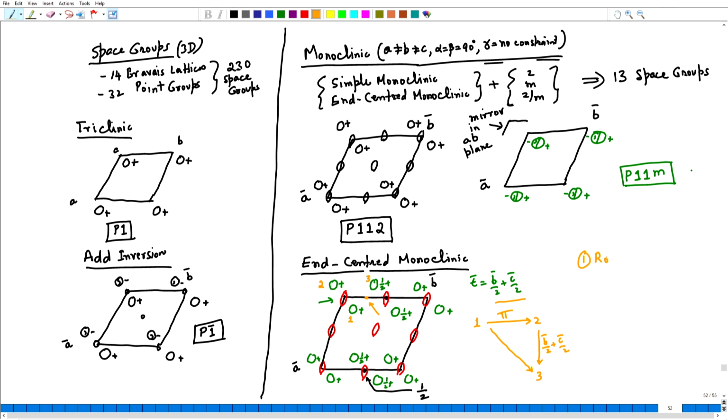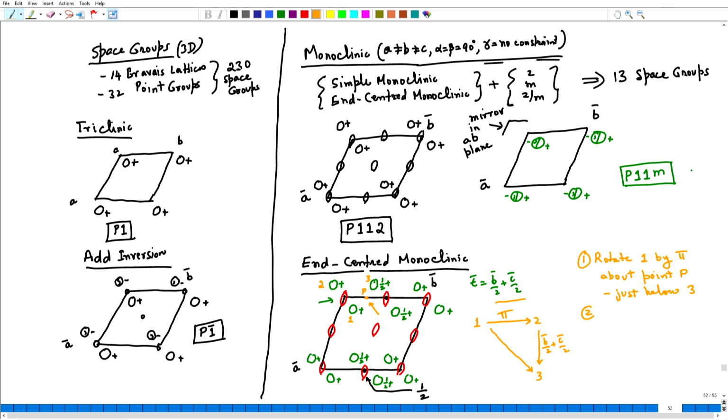Rotate 1 by pi about this point, let me call this point P, about point P. So, this goes just below, in fact halfway below, just below 3.